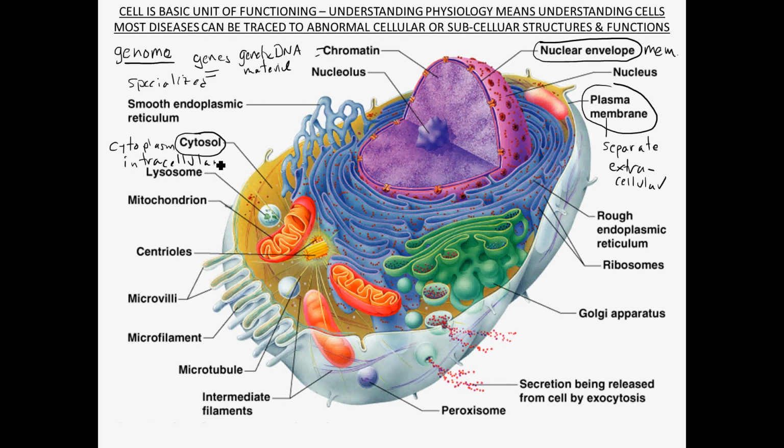And you see lysosomes and mitochondria and centrioles and microvilli and all these guys, and we will come back to these when we need them specifically for specific types of cells. But in general right now, here is your generalized animal cell, generalized cell of the body with the basic major cell areas: the plasma membrane, nuclear envelope, nuclear membrane, nucleus, and then the cytoplasm.